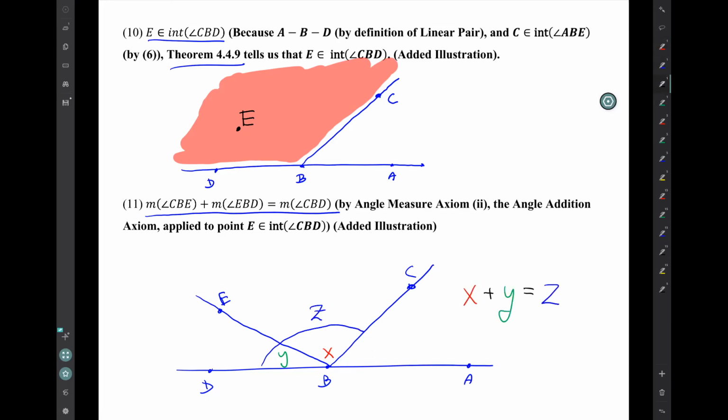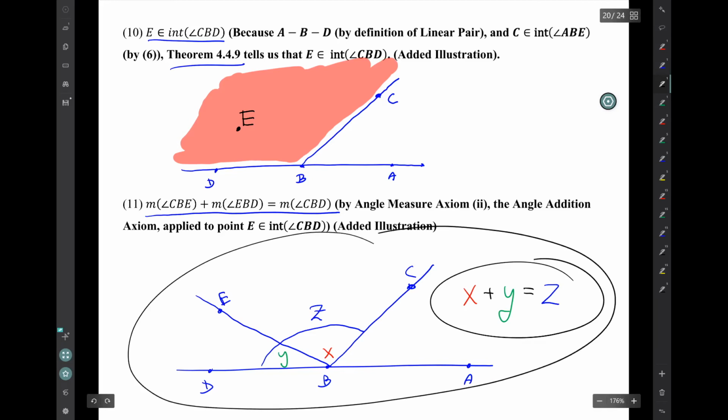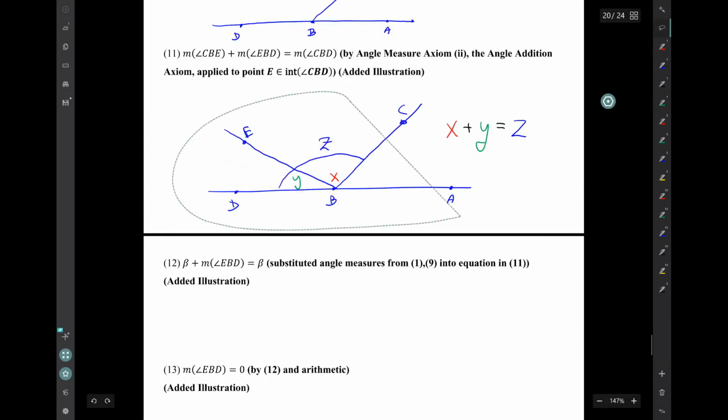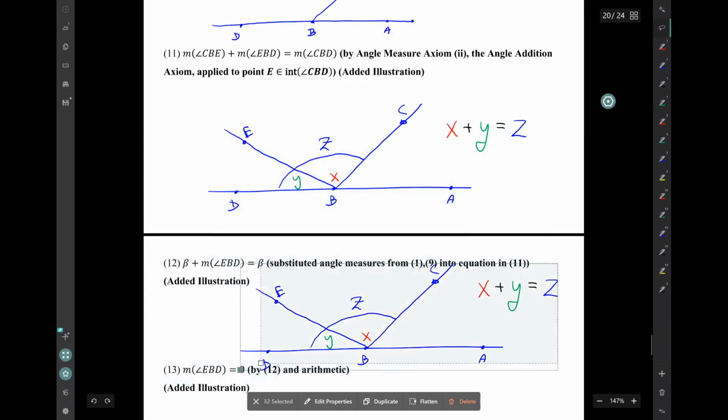So the angle addition axiom tells us that x plus y equals z in this picture. Now we can substitute in the known angle measures and get this equation, that beta plus that angle measure equals beta. Now we can illustrate that, just bring down the illustration from above.